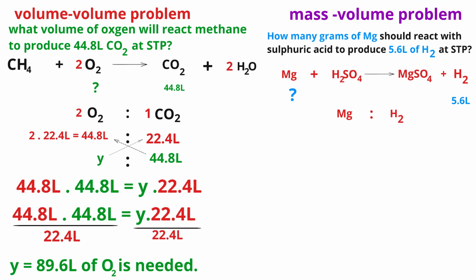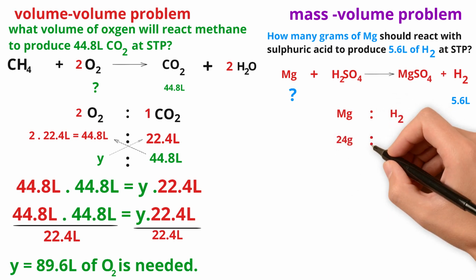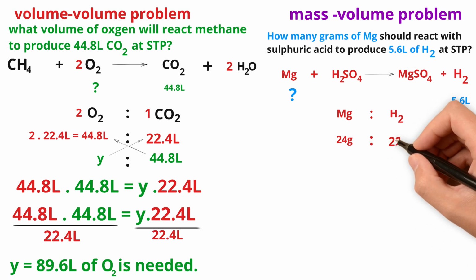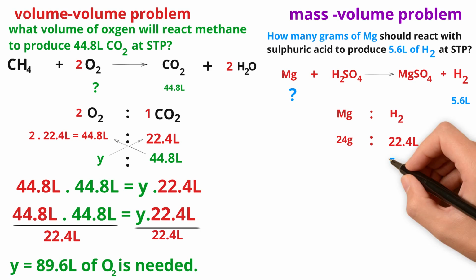24 grams of magnesium, which is the atomic mass of magnesium, produces 22.4 liters of hydrogen gas. This is from the balanced chemical equation. 24 grams of magnesium is required to produce 22.4 liters of hydrogen molecule.